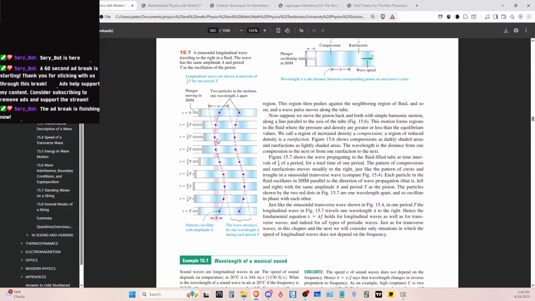When it goes back to its original position, it tries to neutralize itself back to its original spot.